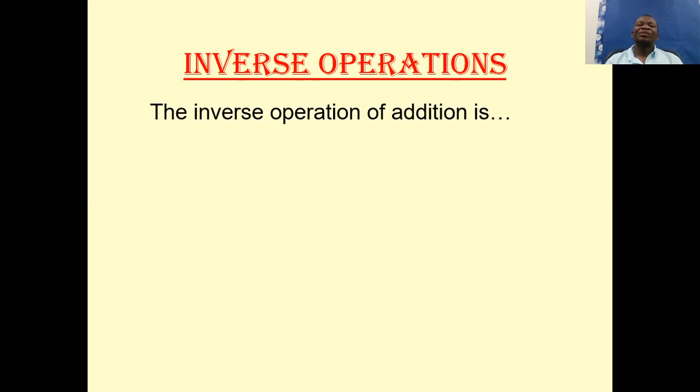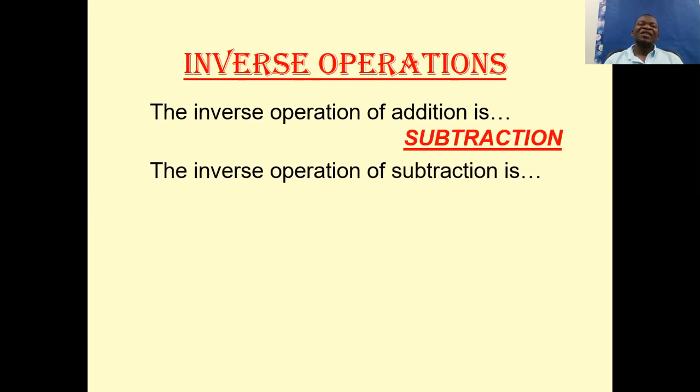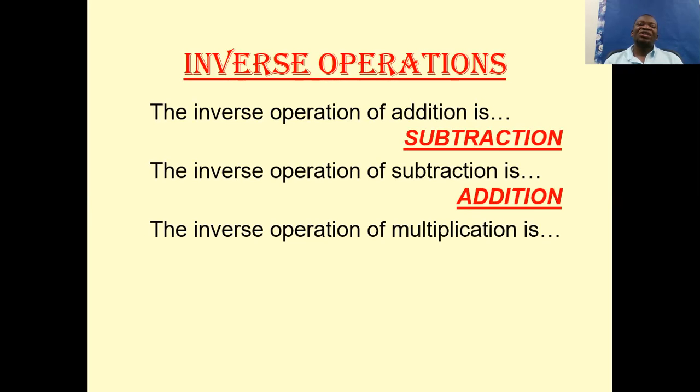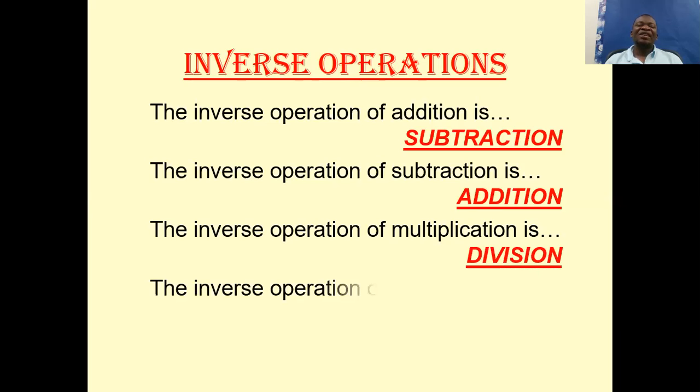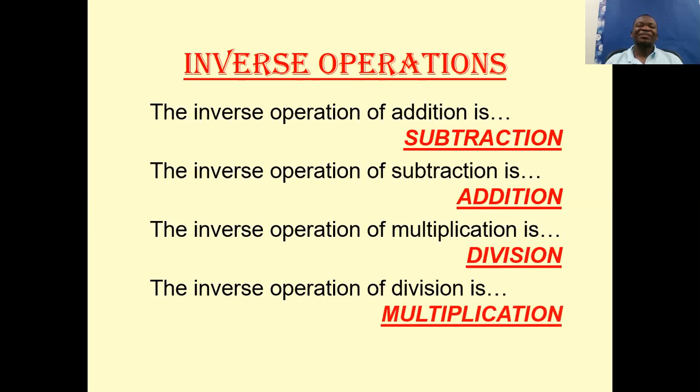For example, the inverse operation of addition is subtraction. The inverse operation of subtraction is addition. The inverse operation of multiplication is division. And the inverse operation of division is multiplication.